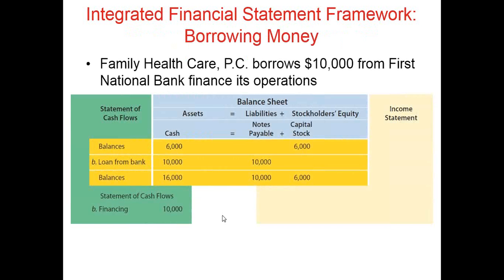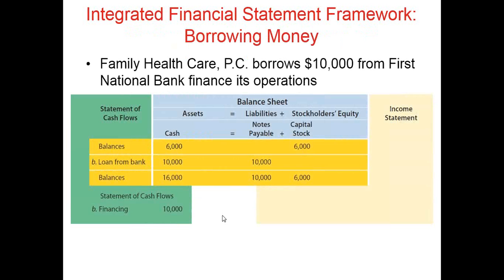Next, the company borrows $10,000. Borrowing money is not revenue. Revenue comes from doing what you're in business to do, selling services or products. So a loan from a bank is a liability because it must be paid back.